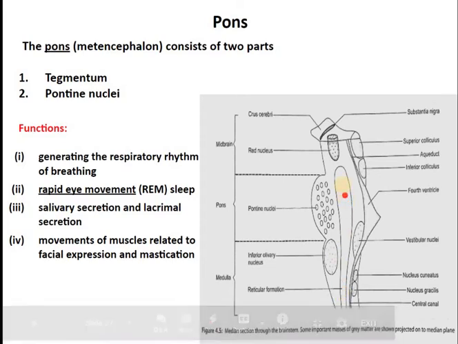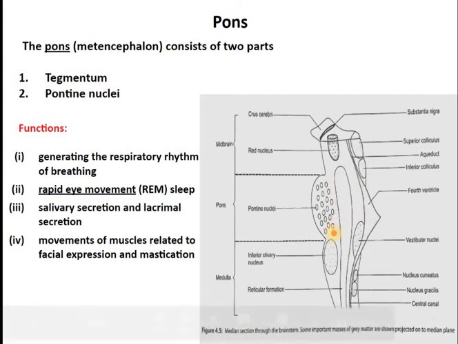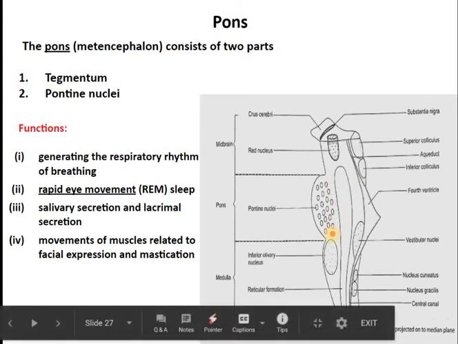These pontine nuclei and the tegmentum, which includes the reticular formation, form the pons. The reticular formation is a meshwork or network of different neurons, whose cell bodies are aggregated here forming a meshwork-like structure.